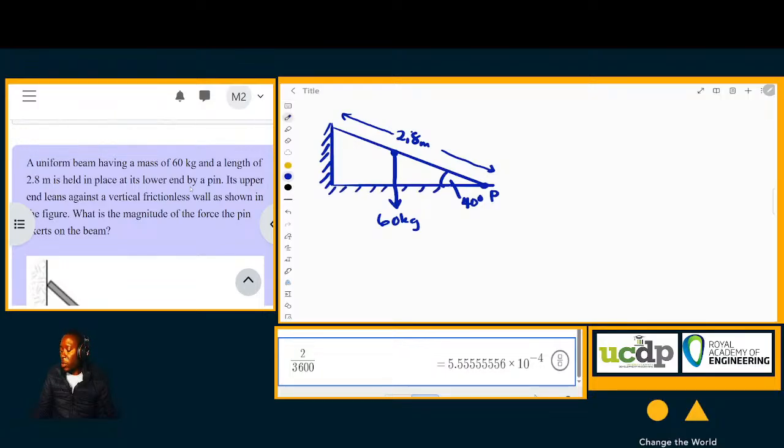If you're told the wall is frictionless, it means there's no friction, but also the force acting from the point of contact will be acting normal to the surface. So we've got that force there acting from that point. Because there's no friction, it acts normal.